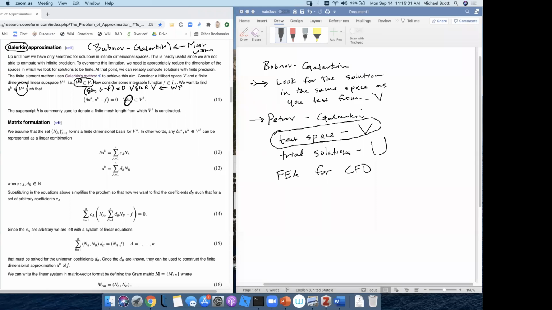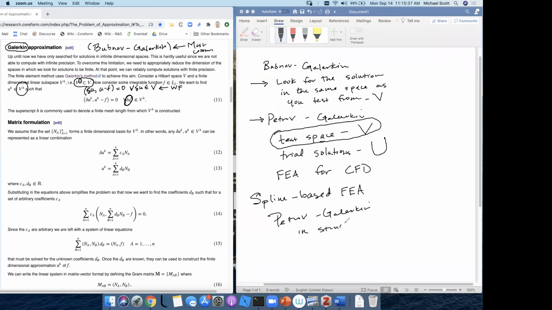Admittedly, since we're just beginning, it makes sense that just kind of implicitly we would solve this problem in the sense of a Bubnov-Galerkin approach because it's the simplest approach. But depending on how far we get in the course, especially for spline-based FEA, because of how rich the solution and test spaces can be, we do more Petrov-Galerkin even in structures than is common.